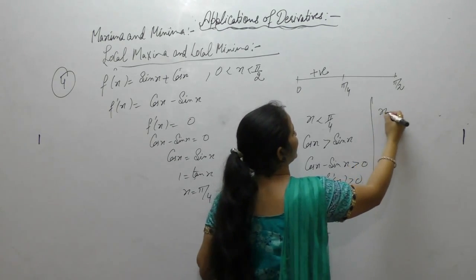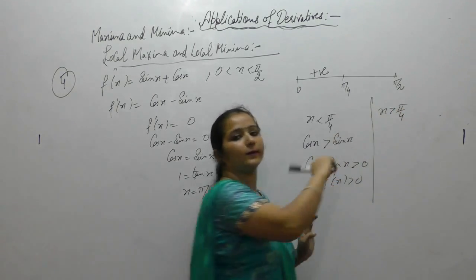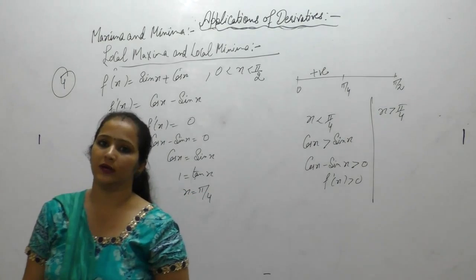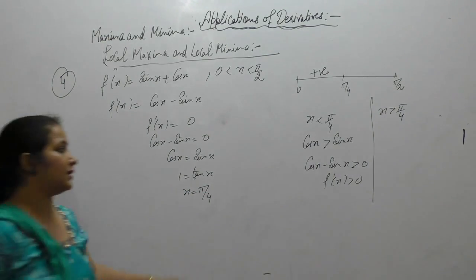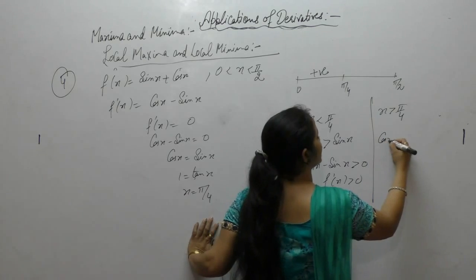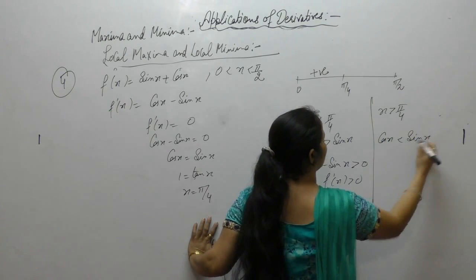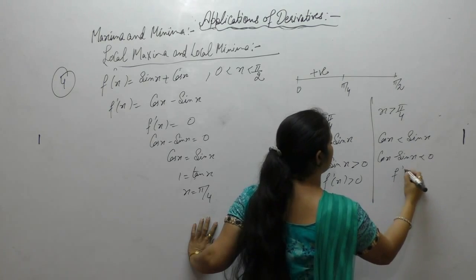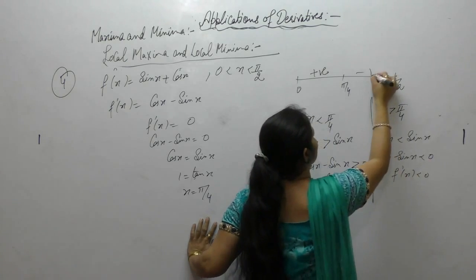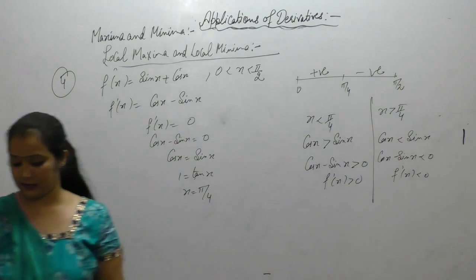Now, when x is greater than pi by 4 but less than pi by 2, the angle is bigger than 45 but smaller than pi by 2, then cos x is less than sin x. Cos x minus sin x is less than 0, so the sign is negative. Write down.